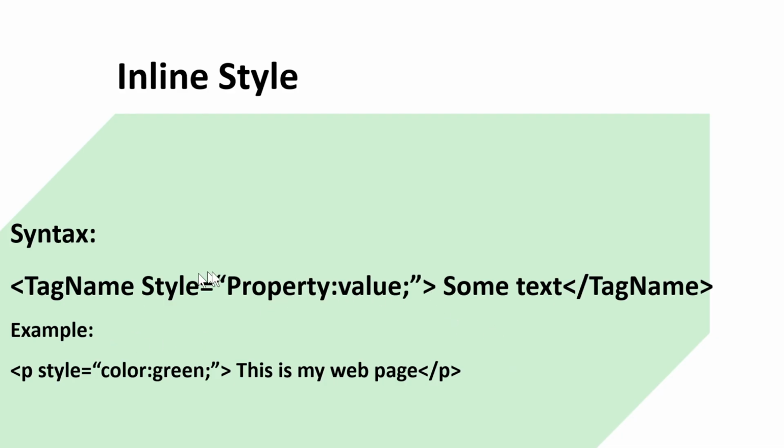In the attribute we set style equal to a property, like color or background color, then the value set, then the closing quotation mark, and you can write some text and close the tag.